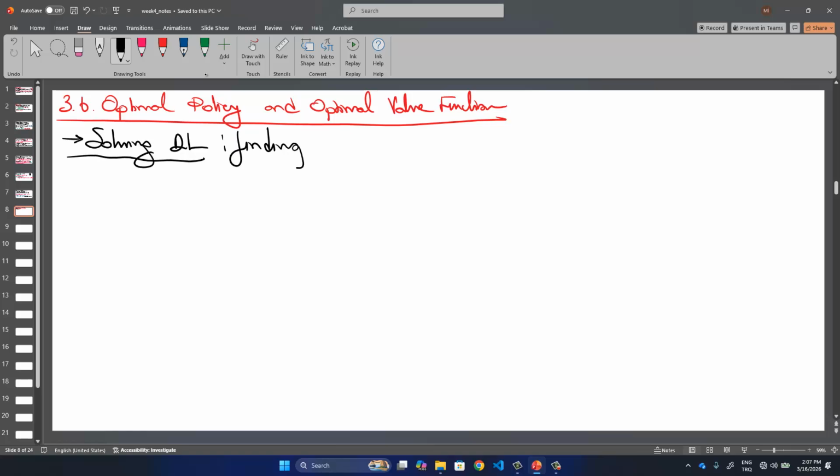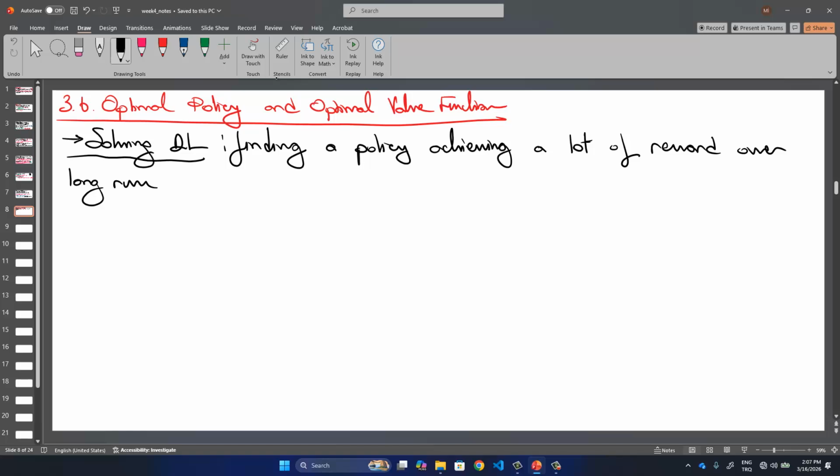Finding a policy achieving a lot of reward over the long run.